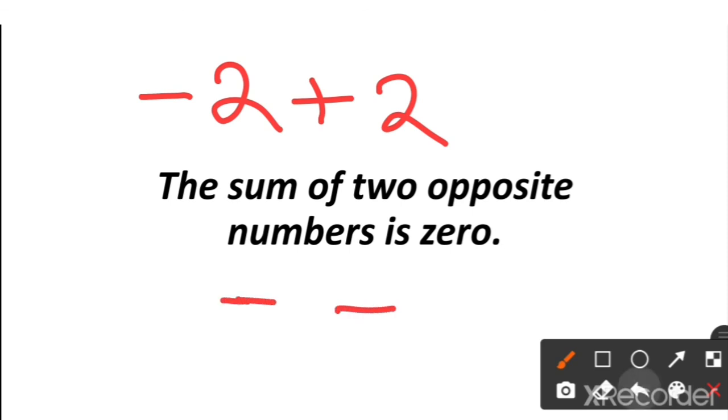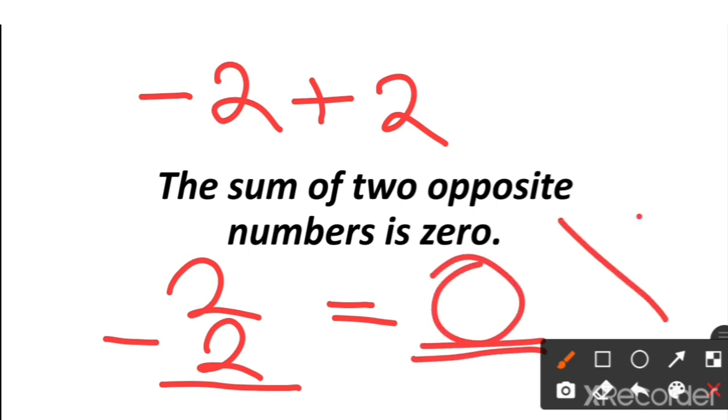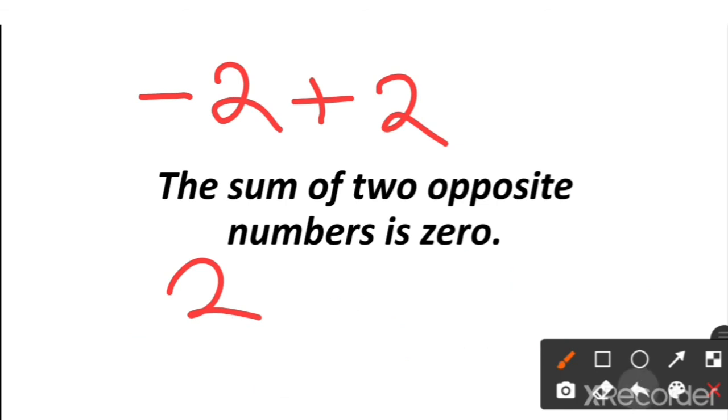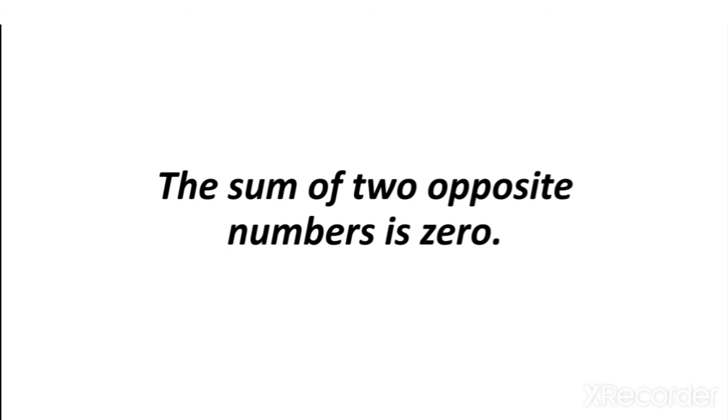So we take any 2 and subtract this 2, and we get 0. And we know that 0 does not have any sign, right? So we do not give any sign to the 0. That's why the sum of opposite numbers is 0.